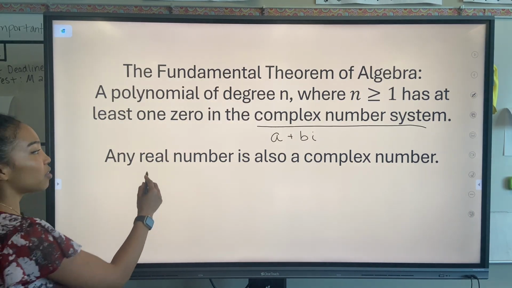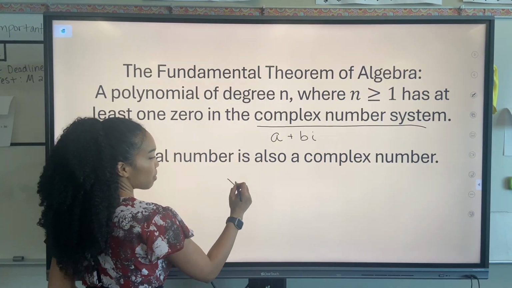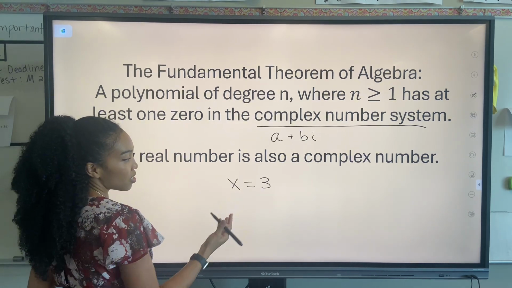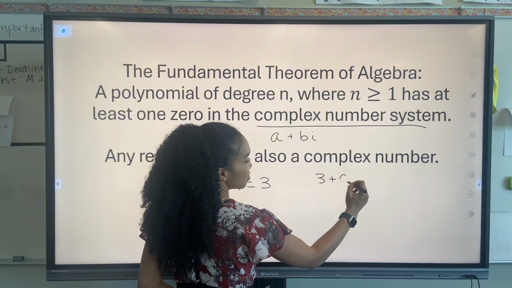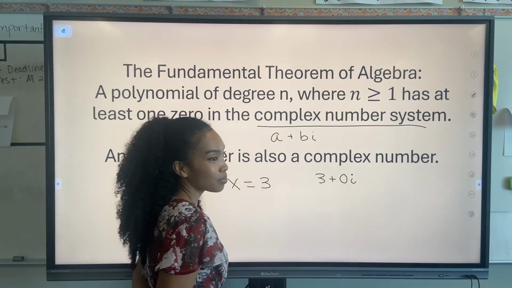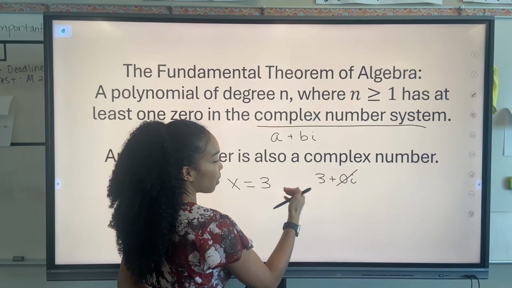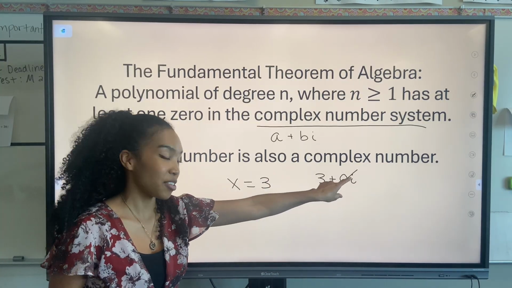And any real number is a complex number. So for example, sometimes you solve and you get x equals 3. This is a complex number because you can write 3 as 3 plus 0i. You can ignore this because it has a 0. However, you can write any real number as a complex number by adding a 0i to the end.